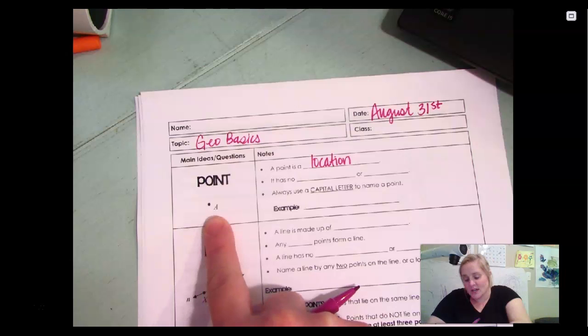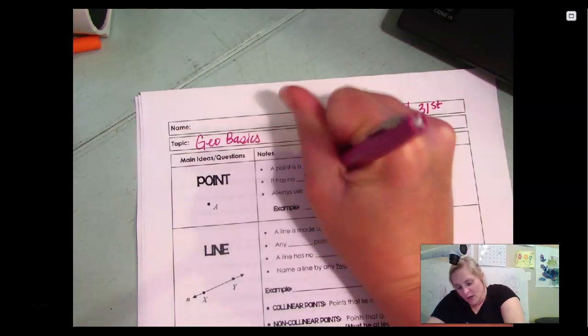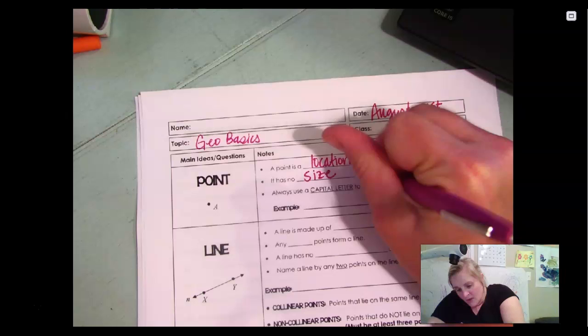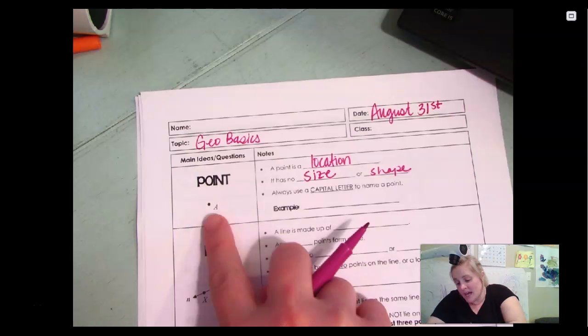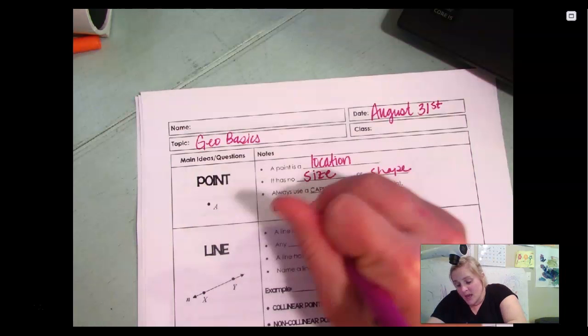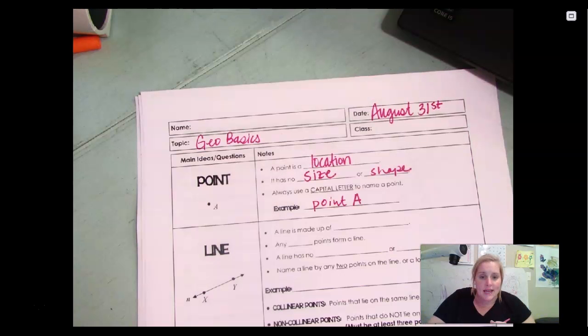It has no size or shape. We're typically used to seeing points as a dot, but that's not something that has to be the case. Always use a capital letter to name a point. So for this one over here, that is point capital A. Point A. All right?